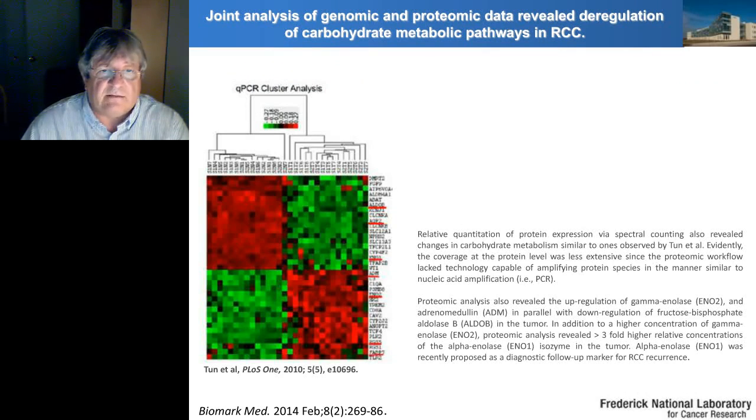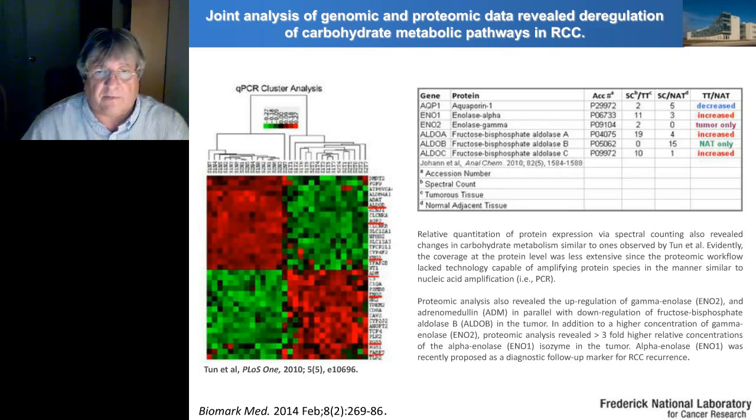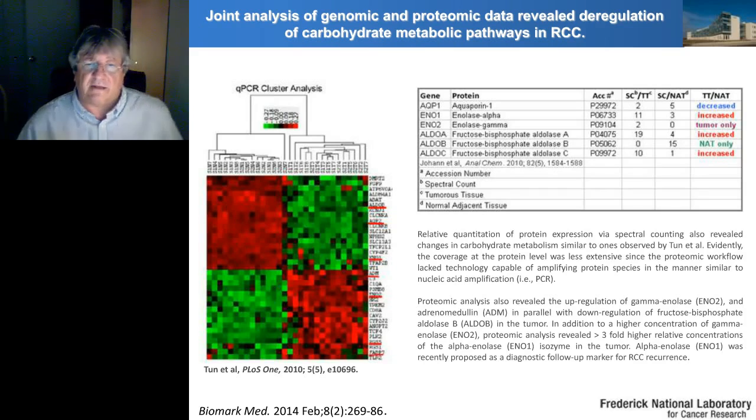The first thing they looked at in the qPCR of their data was the upregulation of genes involved in carbohydrate metabolism, and that really coincides with our data, and the relative concentration of protein expression via spectral counting also revealed changes in carbohydrate metabolism, similar to those observed by Chun et al.